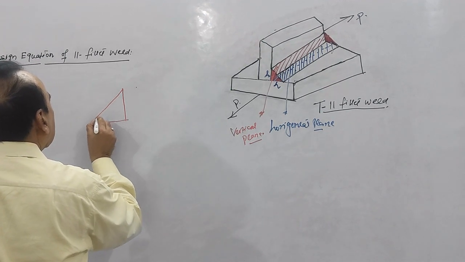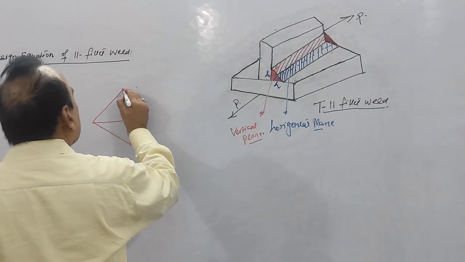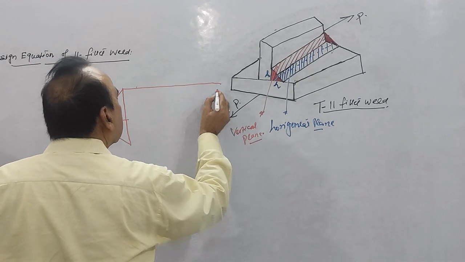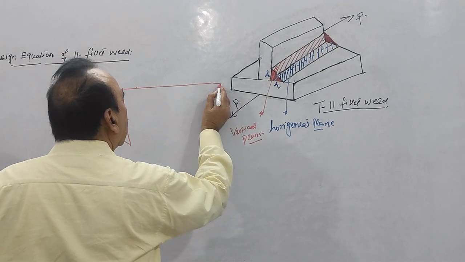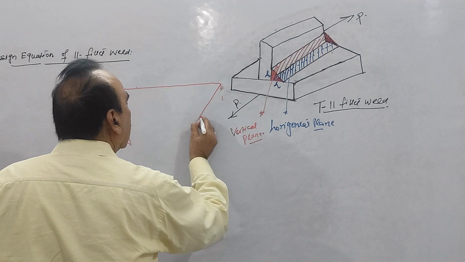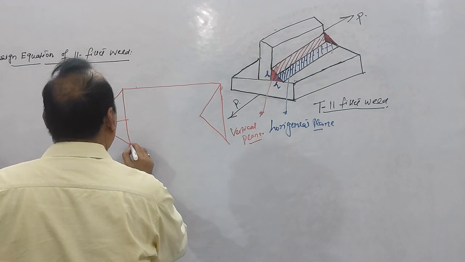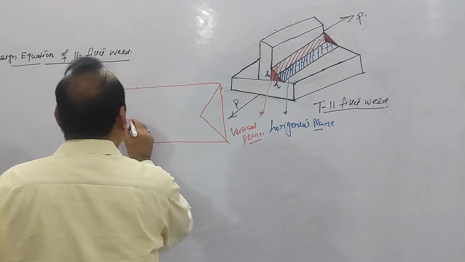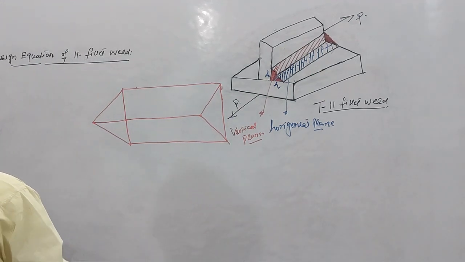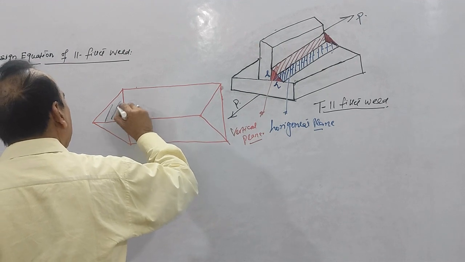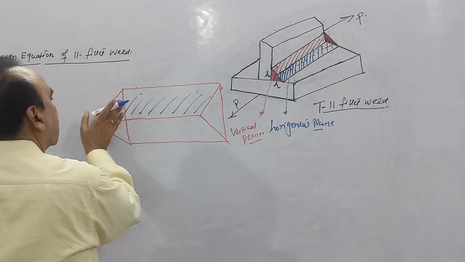Like this, suppose like this, right? And then here, suppose this is your weld. Which plane will it be, looking from here? This is the weld.